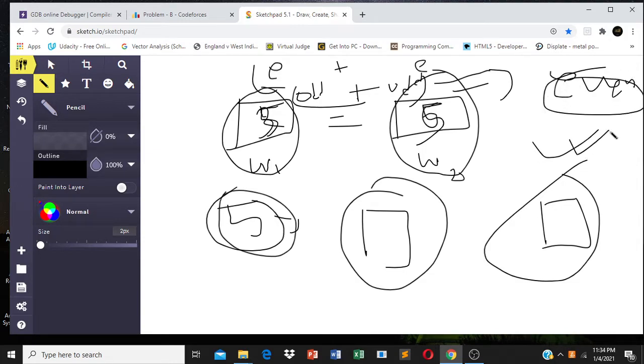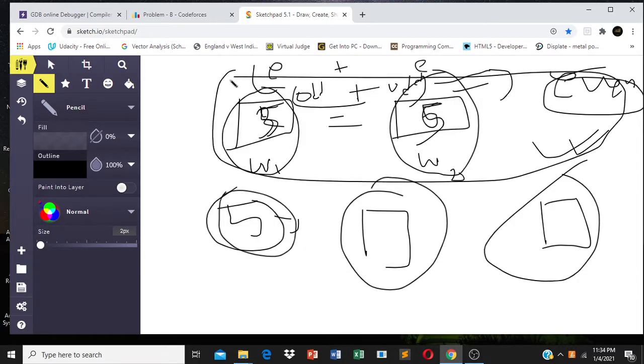So it is clear that if the sum of all the values, all the ones and all the twos, is odd, then you can never divide it into two similar weights. But if the value is even, there's a possibility.